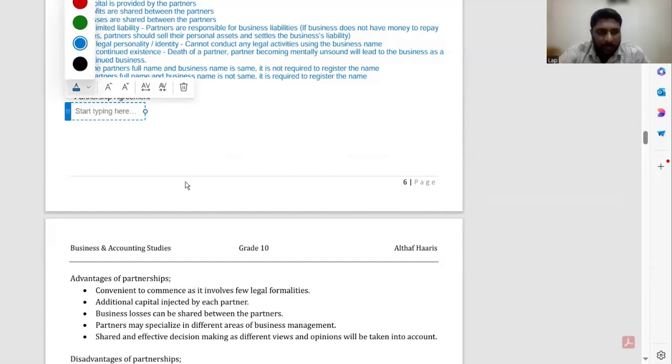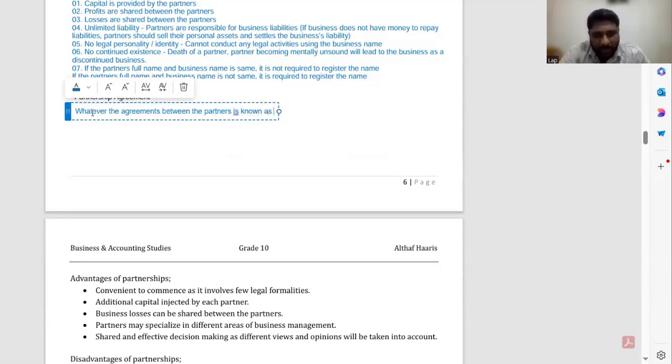Under that, write down: whatever the agreements between the partners is known as partnership agreement. Oral, implied, written.